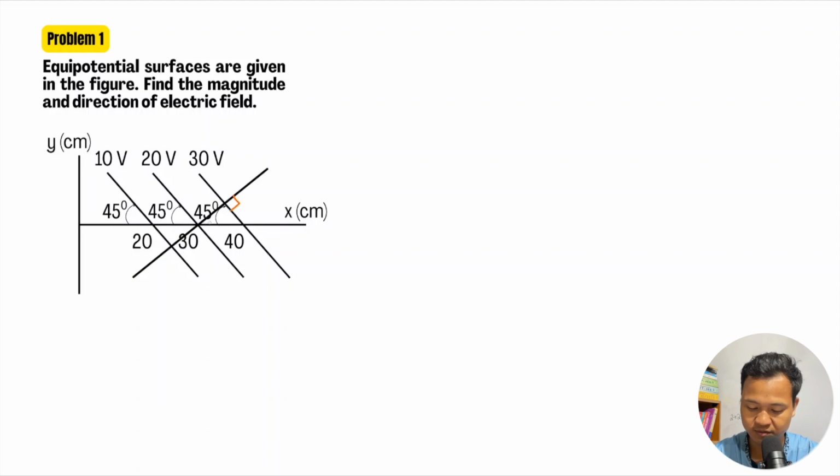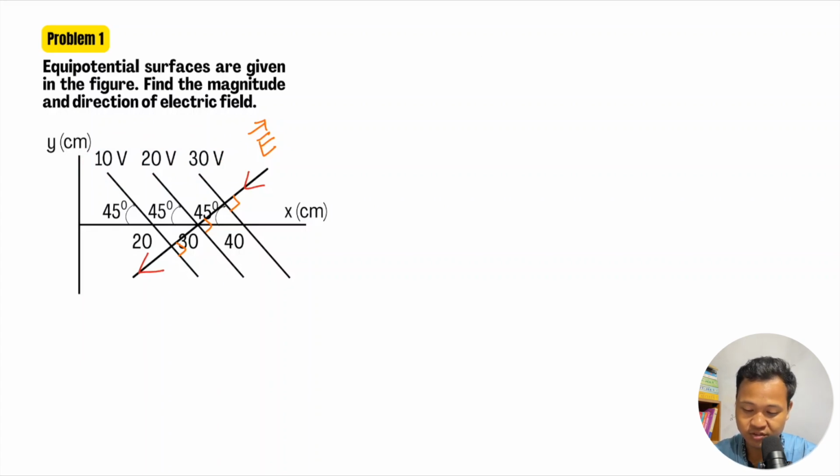This is the electric field line. The direction will go from higher potential to lower potential, so it will go from 30, 20 and then 10. It is going towards this direction.